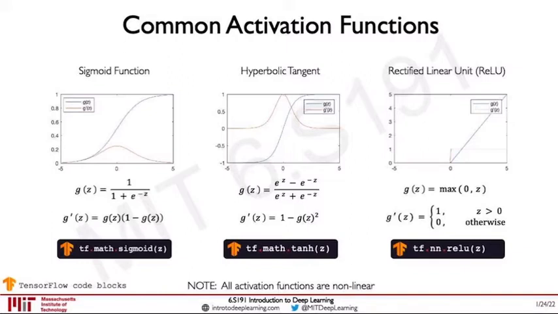Don't forget I said the activation function is the one that can induce non-linearity into the architecture. And of course, there are different kinds of them. So we have the sigmoid function, the hyperbolic tangent, and what we call the rectified linear unit. And of course, this is the function, and this is the derivative of it.